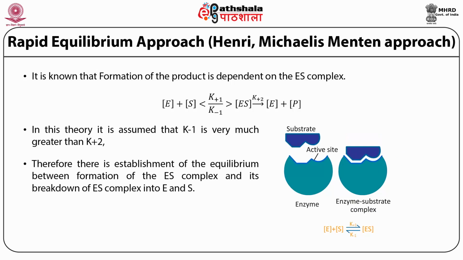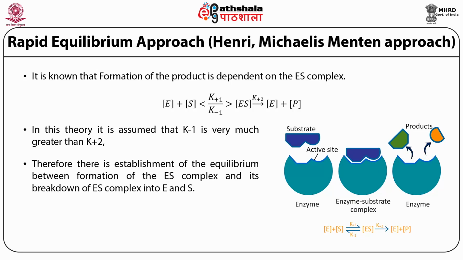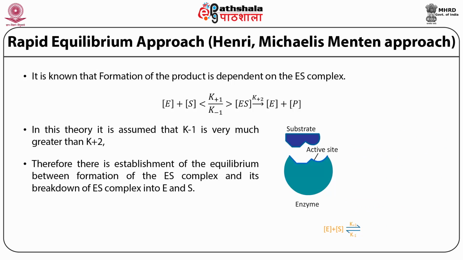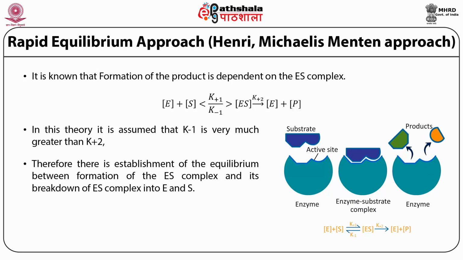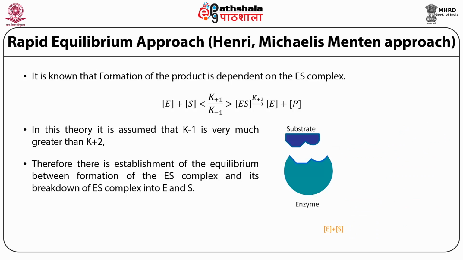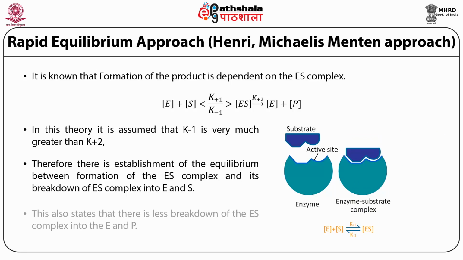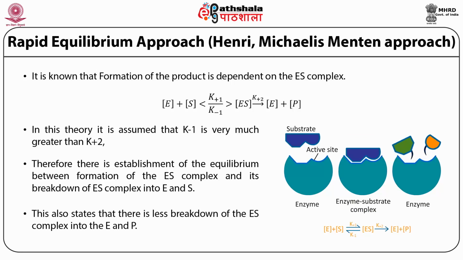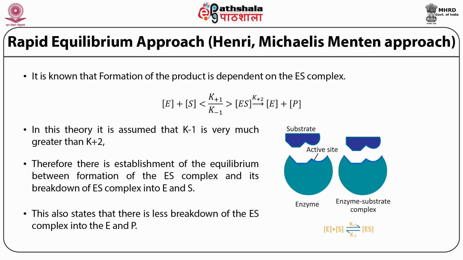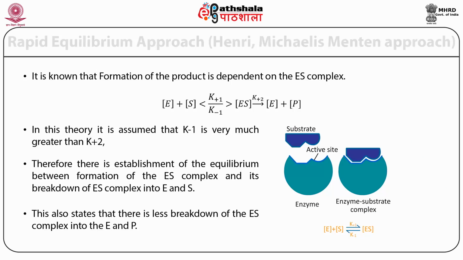Therefore, there is more breakdown of the ES complex back into E and S, and we have less product formation. When this condition is applied, there is establishment of an equilibrium between the formation of the ES complex and its breakdown into free enzyme and free substrate.